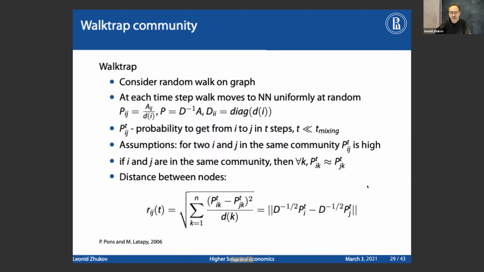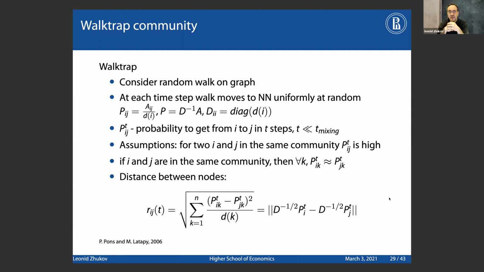Now, in practice, there are actually a bunch of algorithms that are based off this idea. One of them is called walktrap community detection. Again, the idea is that on every step, you make a random move and you get from one node to another node.